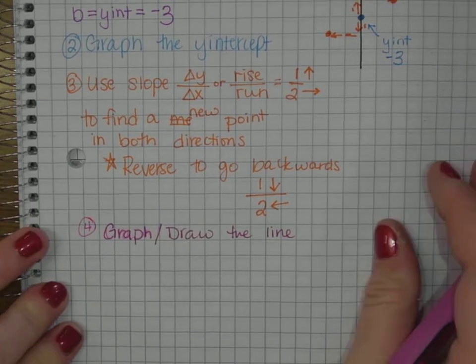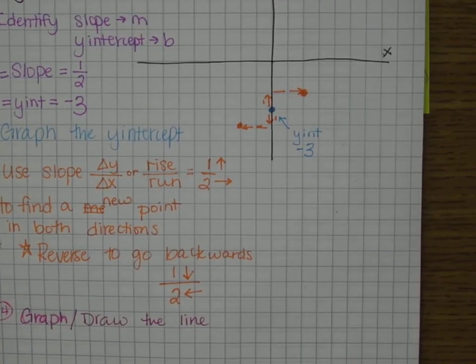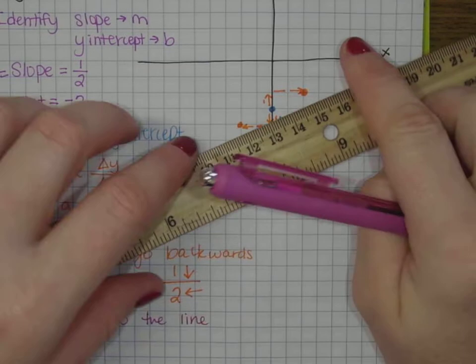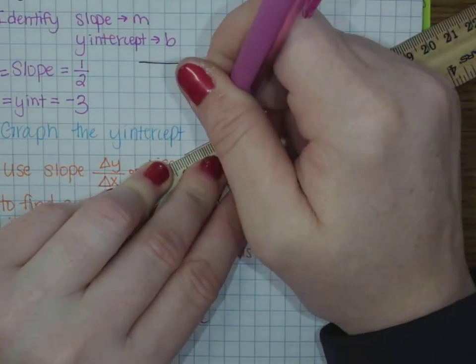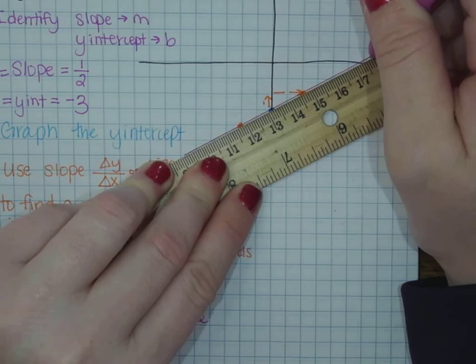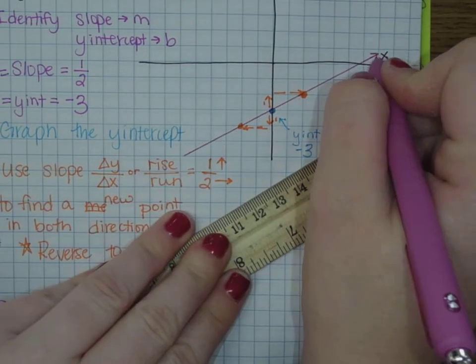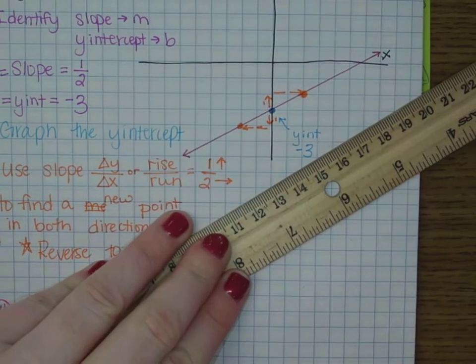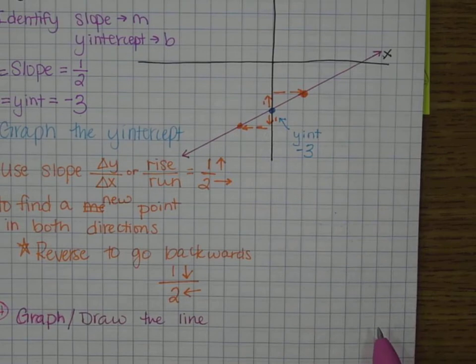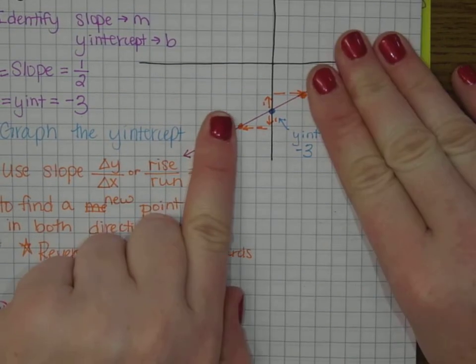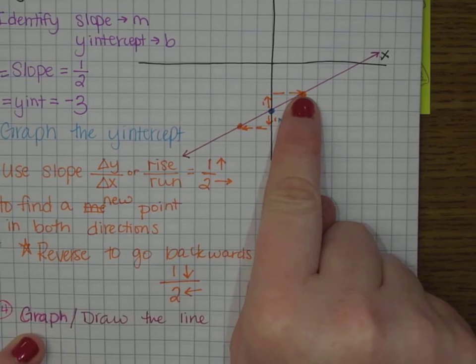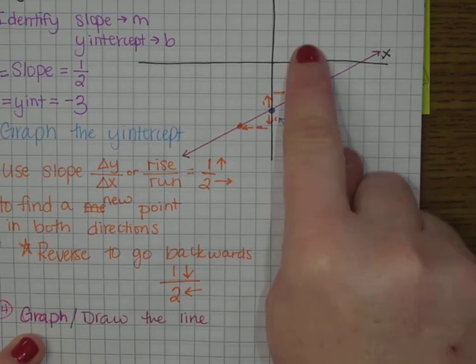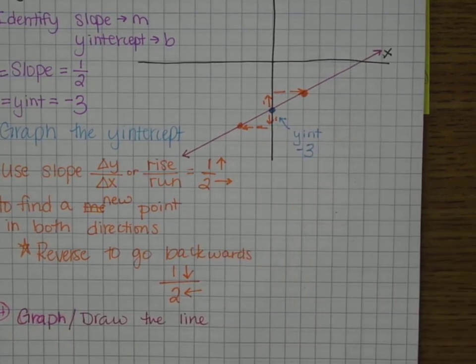So you're going to draw the line, and it's going to go across the entire page. Don't just make a line between the 2 or the 3 points. Extend it, because remember, it's going to keep going. It's going to keep going up 1 over 2, up 1 over 2, up 1 over 2.